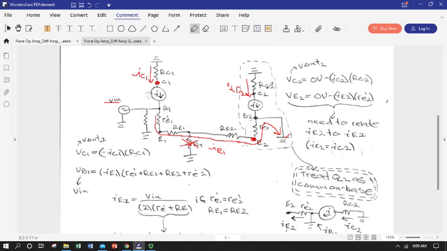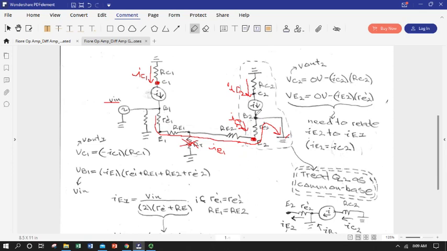All of these R's are the same and our betas are the same. So we actually have an IE2 flowing in this direction. And it's not going to flow to ground because it's already below ground. It came from ground and it dropped over this resistor.